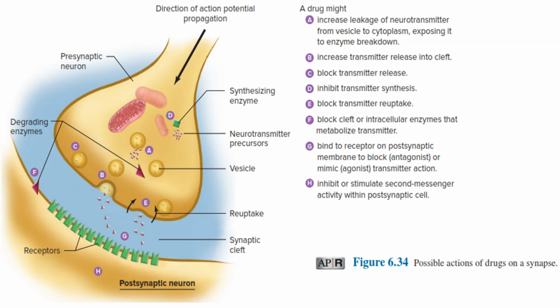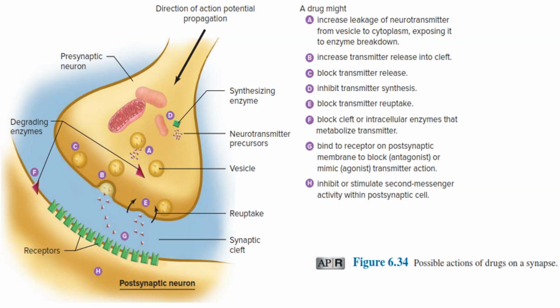Block a cleft or intracellular enzyme that metabolizes the transmitter, like pyridostigmine. They are blocking the acetylcholinesterase, so the transmitter can act for a longer time. That is used in diseases like myasthenia gravis. Bind to a receptor on the postsynaptic membrane to block it, they are binding and blocking it.